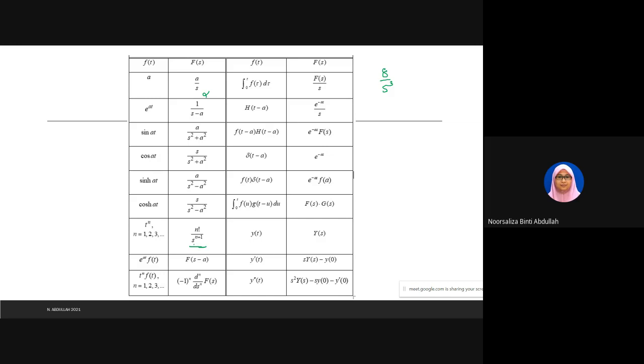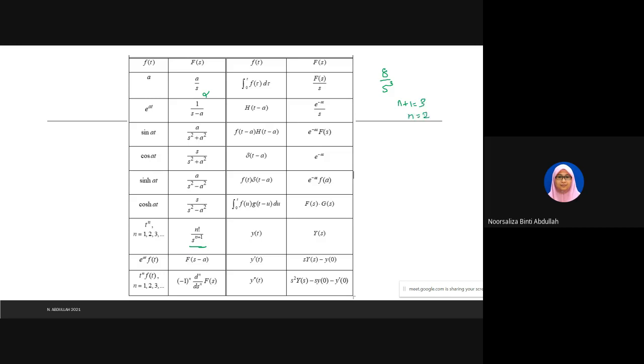So you have this one, which is n factorial over S^(n+1). If you look at here, it is 3, so n plus 1 equals to 3, then your n is equal to 2.